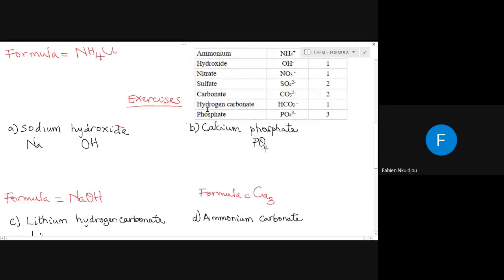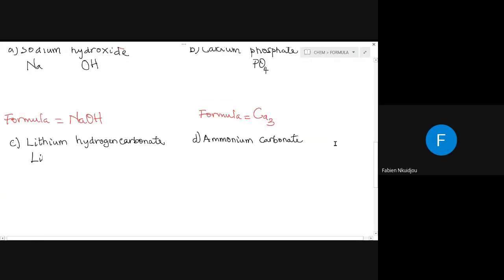So we have hydrogen carbonate, also called bicarbonate. That is the formula and the valency. So let's represent it. We have, so valency 1. Lithium also has a valency of 1.